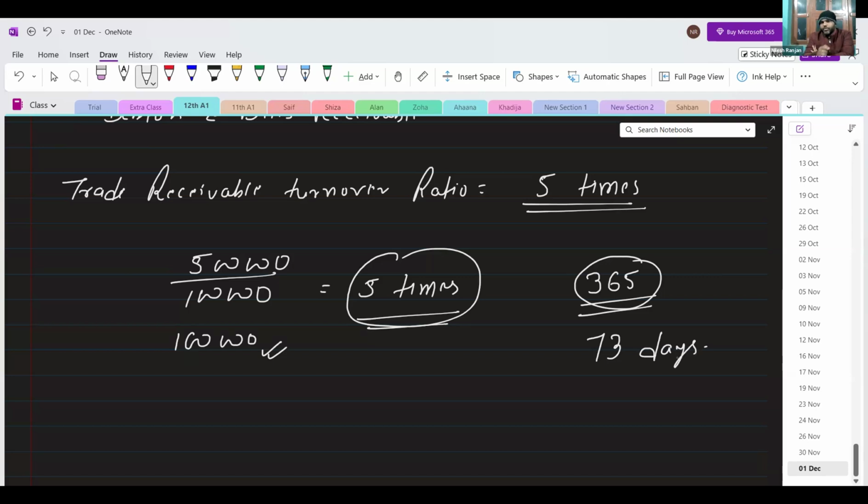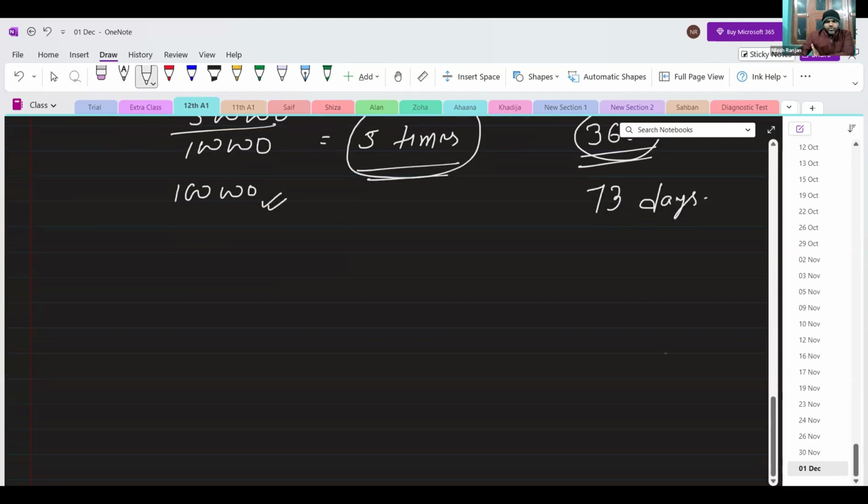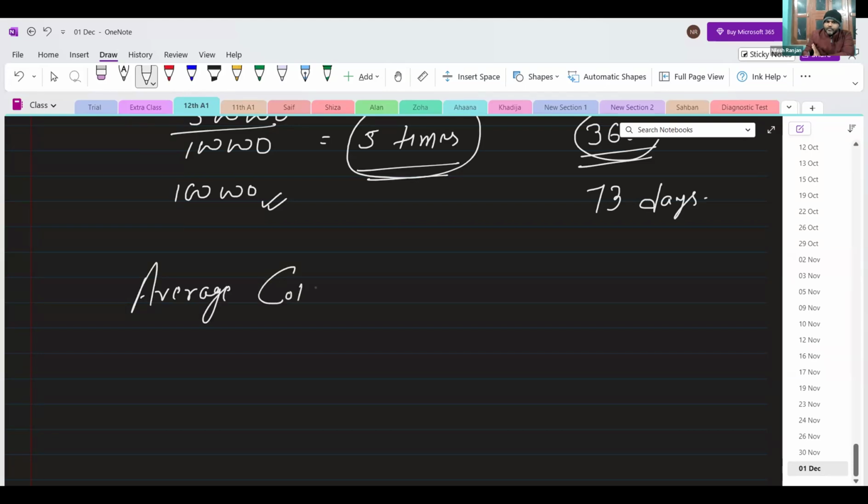This one conversion part is taking 73 days. So this 73 days we are calculating in average collection period. So average collection period will tell us about this. Is this clear? Average collection period is 73 days for completing one conversion cycle.